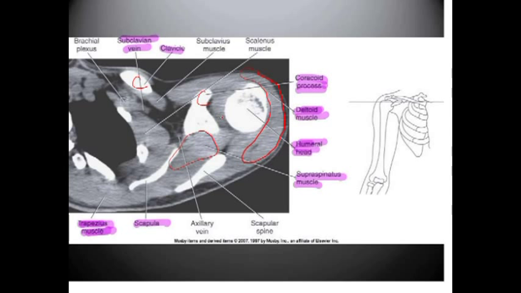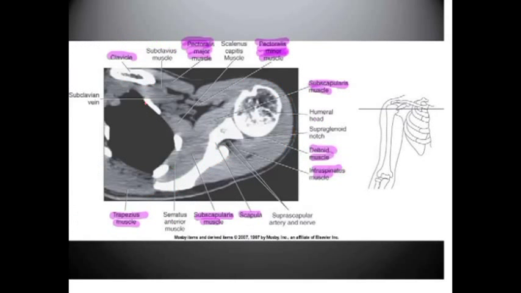clavicle, coracoid process, humeral head, scapular spine, trapezius muscle lying posteriorly as well, and that's pretty much it for this area.